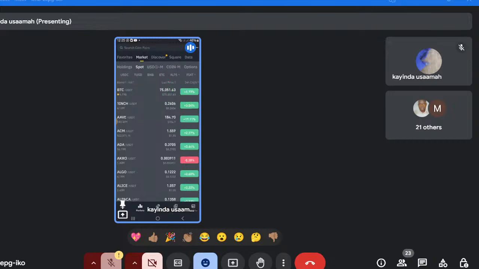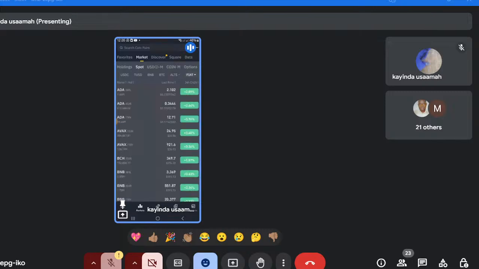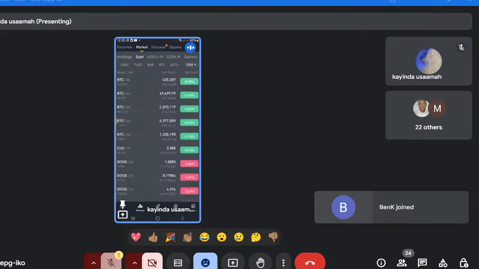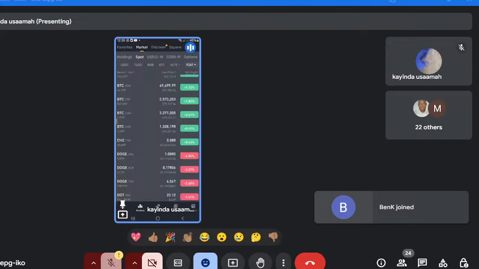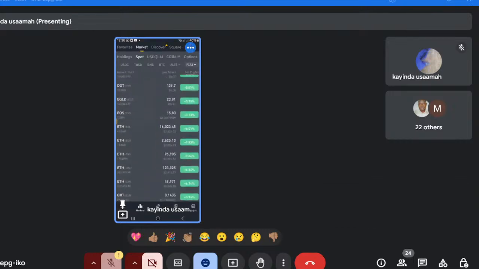It has alts pairs. It has fiat pairs. There are people trading in euro, in TRY, in South African rands, and in Ugandan shillings.